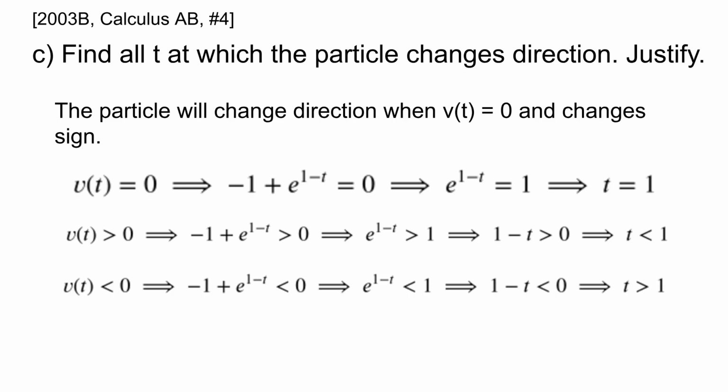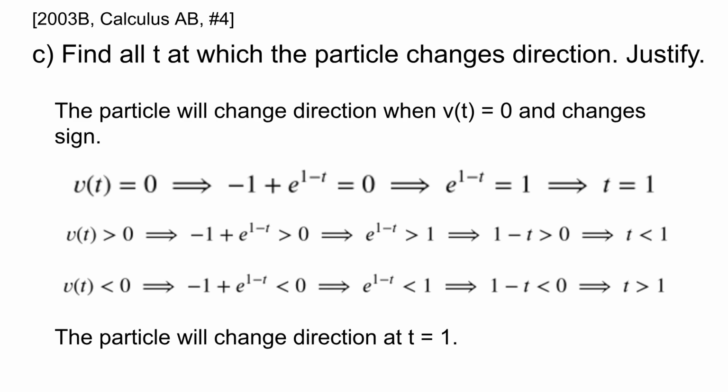In addition, v of t is less than 0 implies that negative 1 plus e to the 1 minus t is less than 0, which implies that e to the 1 minus t is less than 1, which implies that 1 minus t is less than 0, which implies that t is greater than 1. Since v of t does change sign at t equals 1, we can conclude that the particle will change direction at t equals 1.